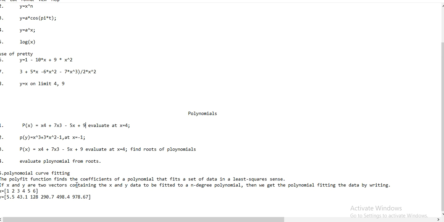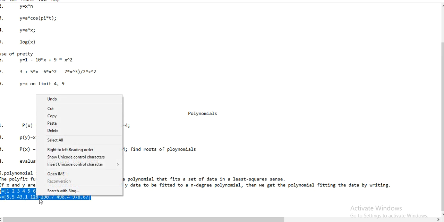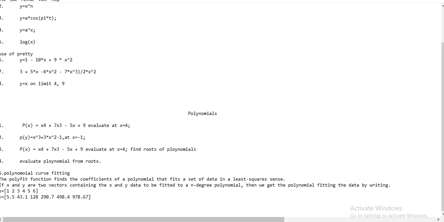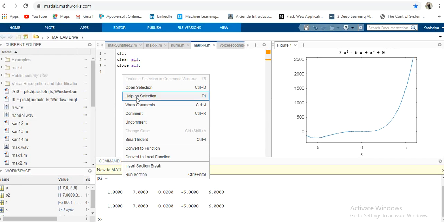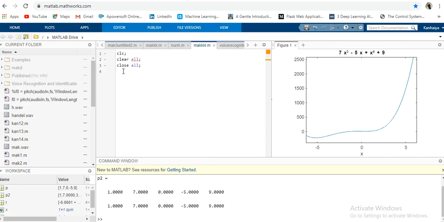We are given two vectors x and y. These are our vectors x and y.